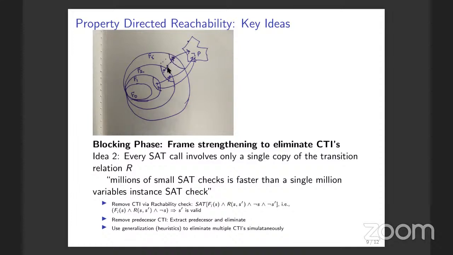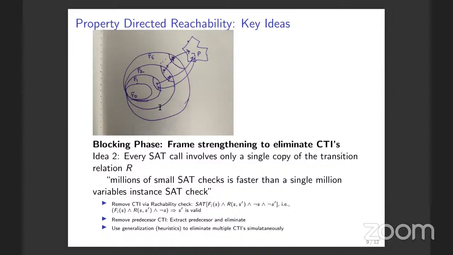But for that, it also checks if there is a predecessor, a state in F2 which in one step reaches that. If so, then it will eliminate that predecessor from F2, and so on. It checks backwards.